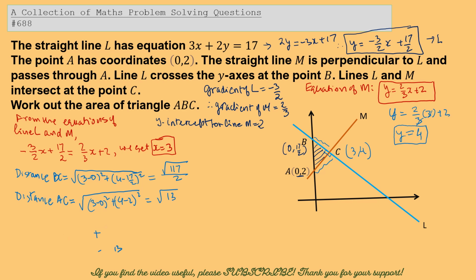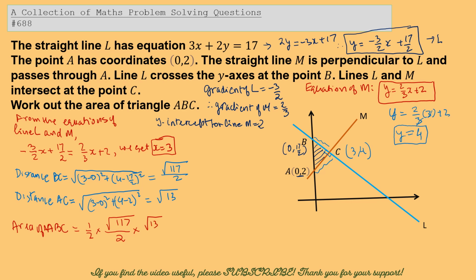So now I have to do the area of ABC. The area of triangle ABC equals half times base times height. BC is the square root of 117 divided by 2, multiplied by the square root of 13.